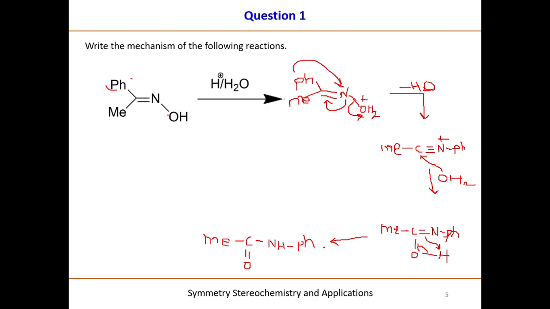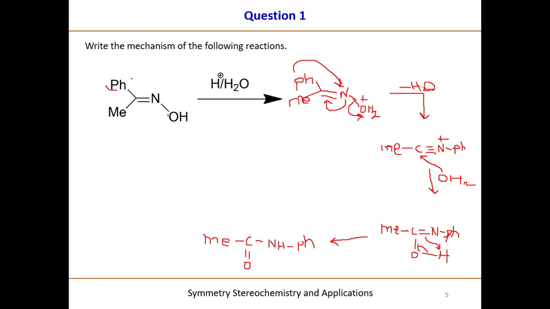So what happened in this reaction? The OH group of the ketoxime gets protonated, and it becomes a good leaving group. After the leaving of this H2O, the phenyl or alkyl group which is trans to the OH group migrates onto the nitrogen atom and forms this nitrilium ion intermediate.